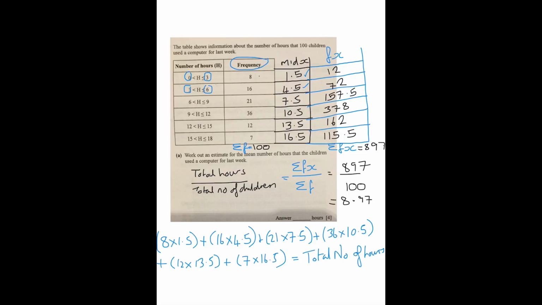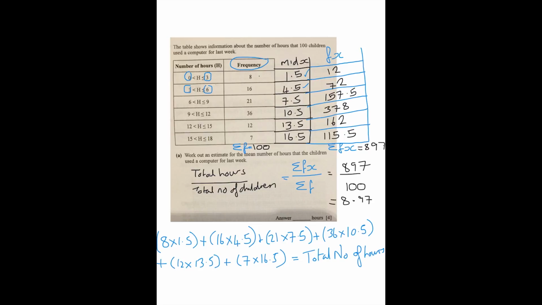So, a quick summary on how to do this question. The sum of the frequency is sum of f. To get the total number of hours, we had to get a mid value for each of the rows, multiply the mid value with the frequency value for each of the rows, add up the products of fx to get sum of fx, and the mean is equal to sum of fx divided by the sum of f.